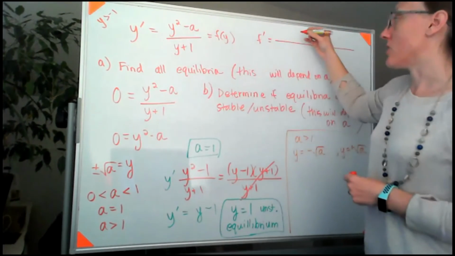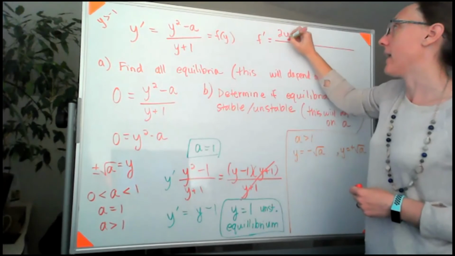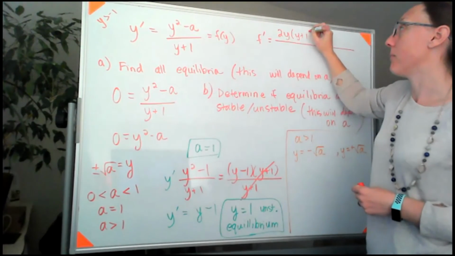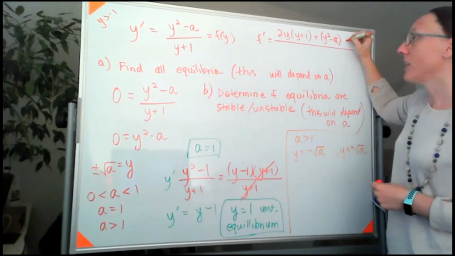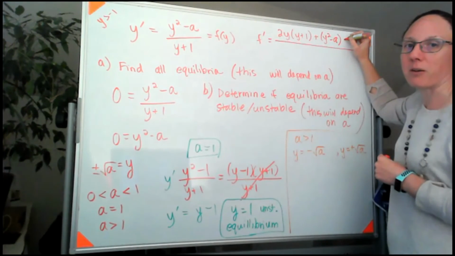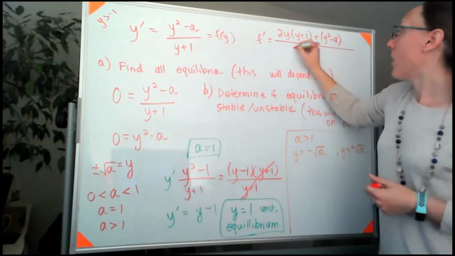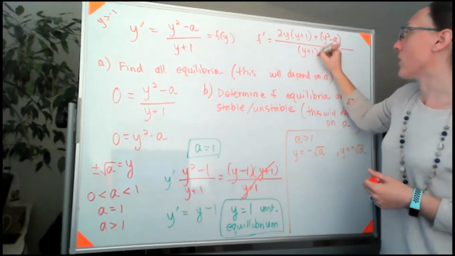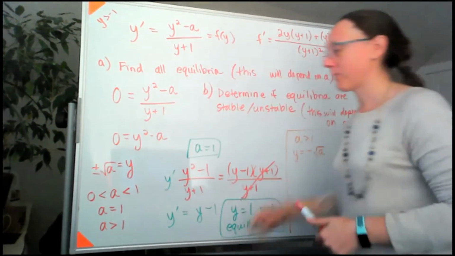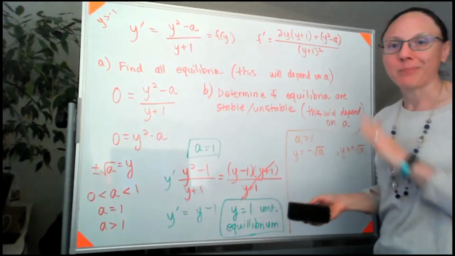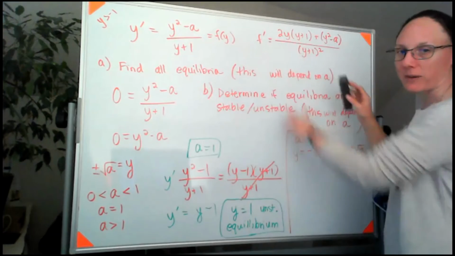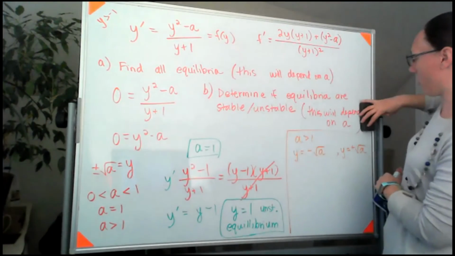So the derivative of the top, I would get 2y, and then we'd multiply that by the bottom. Plus, we leave the top alone and multiply by the derivative of the bottom, which is 1. All divided by y plus 1 squared. That may look terrible, and it is. I've got to erase my words so that I've got more space to do math.